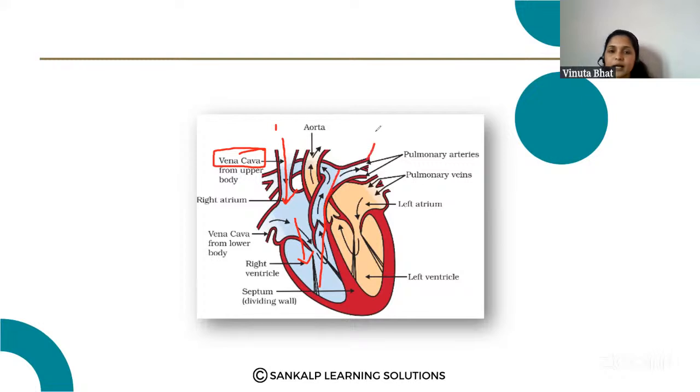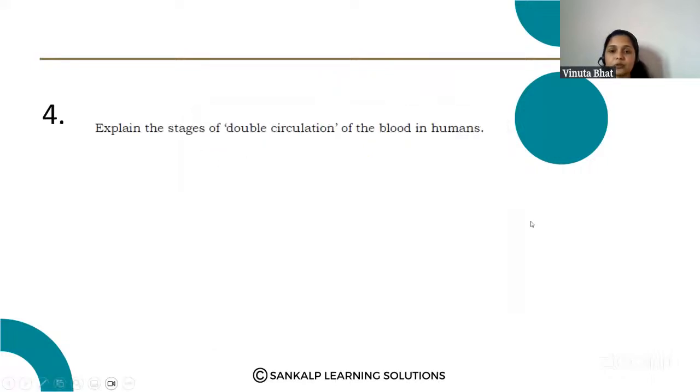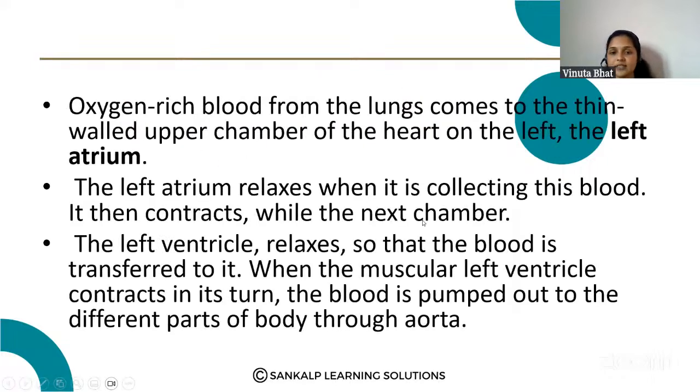These pulmonary arteries carry the deoxygenated blood to the lungs for purification. So this is a very simple explanation of the double circulation, but you have to write like this. So this is for your understanding purpose and this is for your examination purpose. Please note down this.